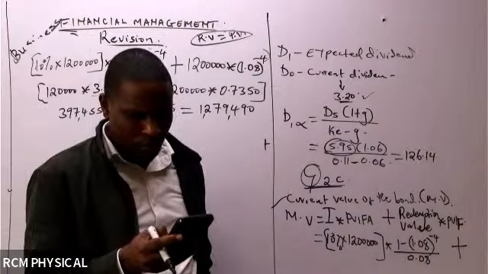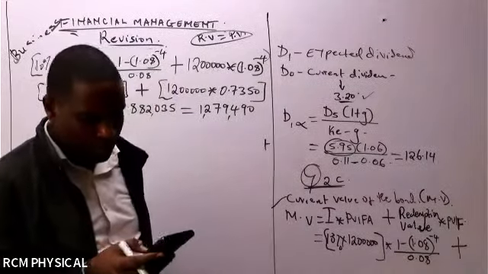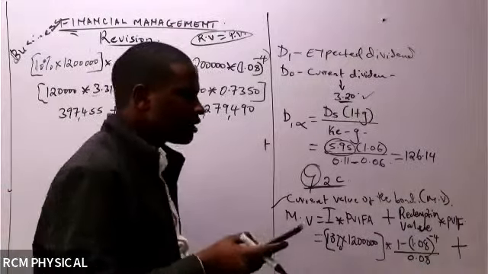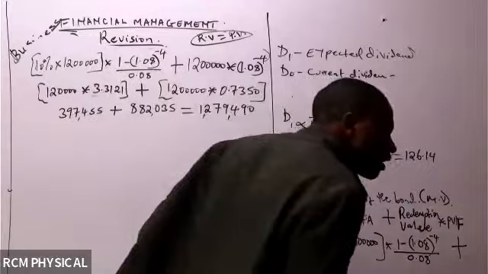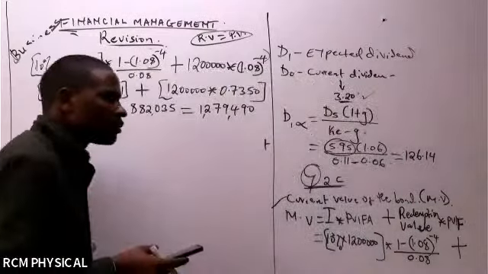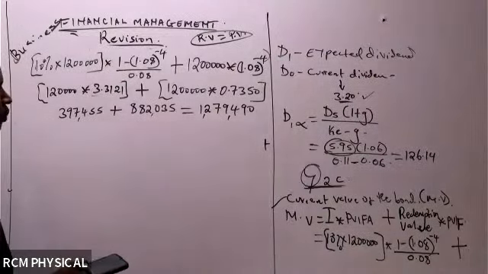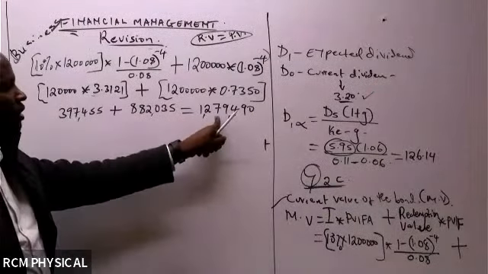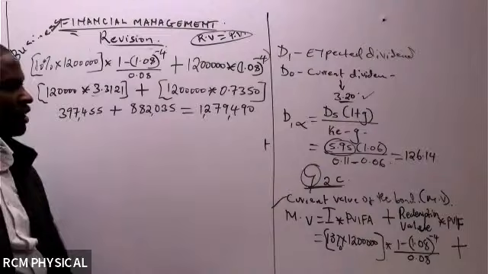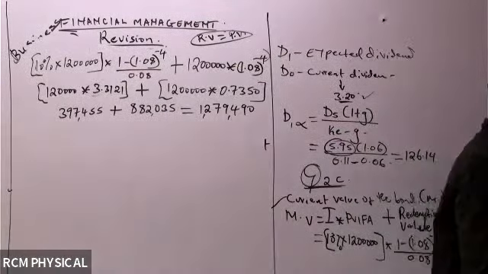It's just to get the current value of the gold. The current value of the gold, when you compare with the par value, is above the par value of 79,490.